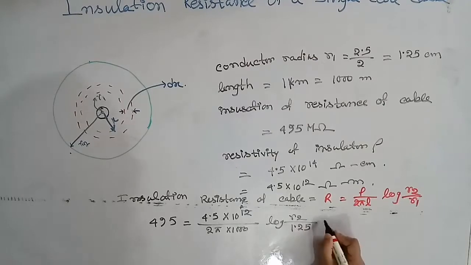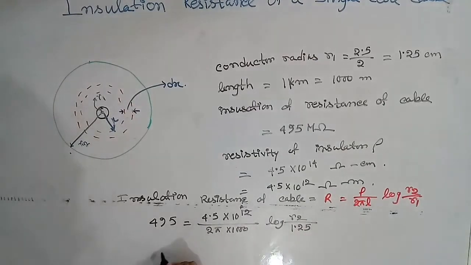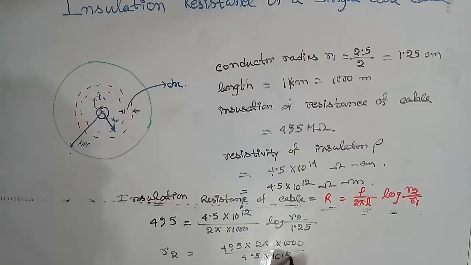From here we get R2 equals e to the power of 495 into 2 pi into 1000 by 4.5 into 10 to the power 12, into R1.